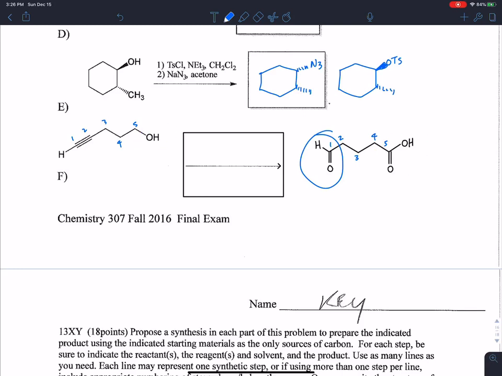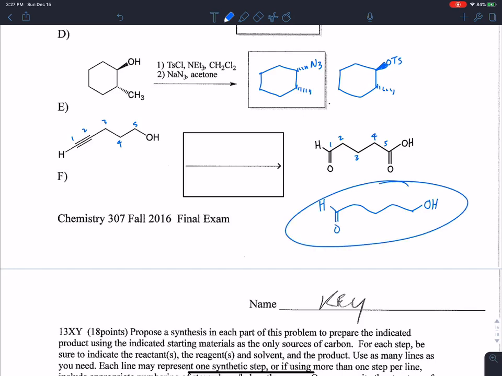Now there's a mini problem here, that when you do which reaction totally matters. So if I do the BH3 first, then I'm going to end up making this thing. You'll have your OH here, and then you'll make your aldehyde. Now if I do a strong oxidizer, both of them are going to turn into carboxylic acid. I don't want that. Only one of them is carboxylic, the other one is aldehyde. So I have to do the H2Cr2O7 first.